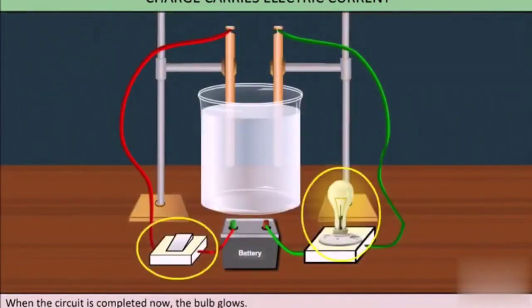When the circuit is completed now, the bulb glows. This indicates that in liquids, conduction of electricity occurs by ions. Acid, bases and salts are good conductors of electricity.